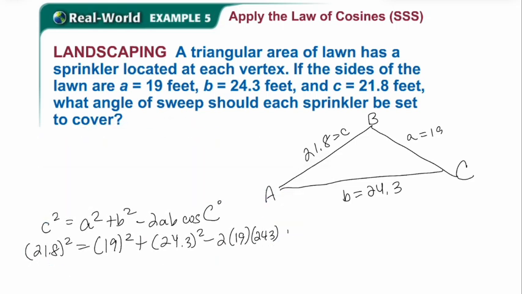Cosine of angle C. So you'll notice that the only thing missing in this is the cosine of C. Now, I'm going to tell you some hints so that you do not muck this up, because it's very, very easy to just mess the whole process up. This is one term. The negative 2, 19, and 24.3 are attached to the cosine of C by multiplication. The only way we can get rid of that is division.